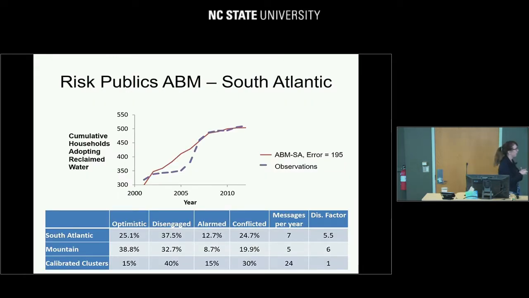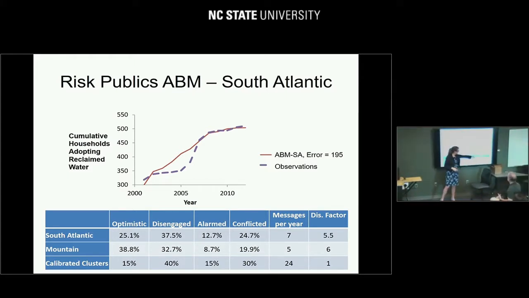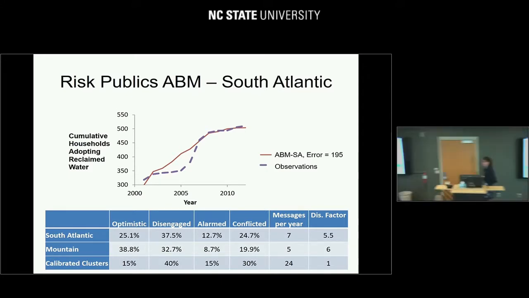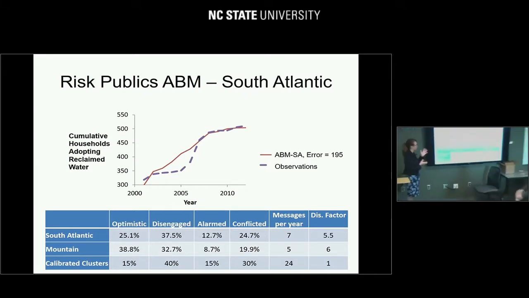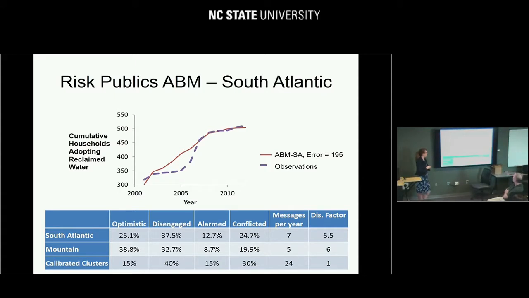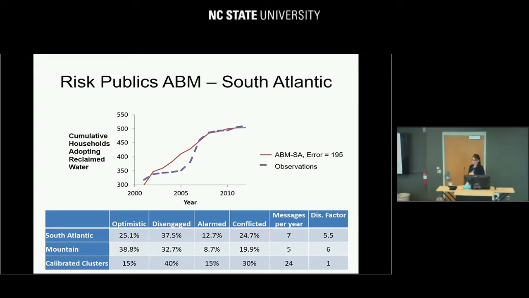And so here's the South Atlantic. If we apply the South Atlantic population proportions, that's what you see here. And then we parameterize the number of messages per year, how much the agents are talking, and that discount factor. So for the South Atlantic, we don't get that great of a fit. And there's a good amount of talking, and then there's a high discount.